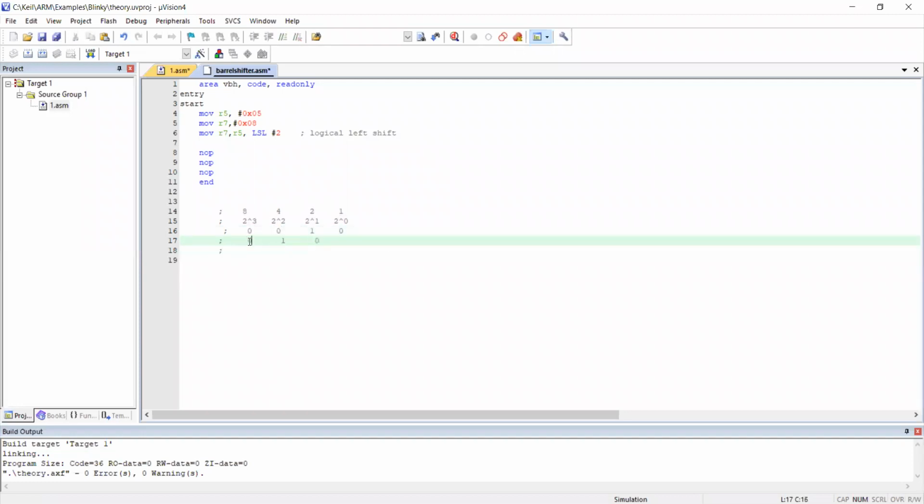Here. So this 0 is removed out. New 0 introduced. What is this value? 1 into 2, hence it was a 2. Now what is the value? 4. So hence left shift means what? Multiply by 2.